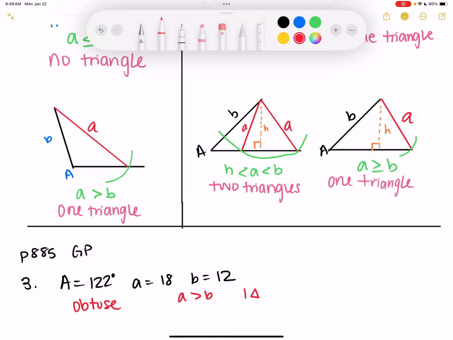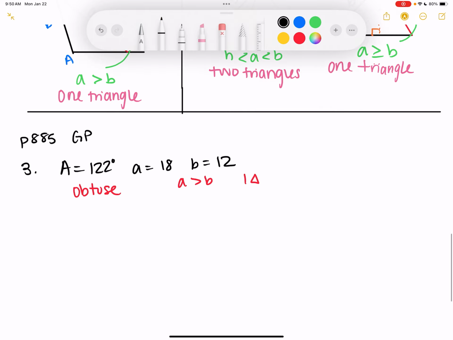Okay, so this one, set up a triangle here. And it doesn't matter whichever way you like to draw it. For this one it won't matter that much because it's obtuse. So A is there.